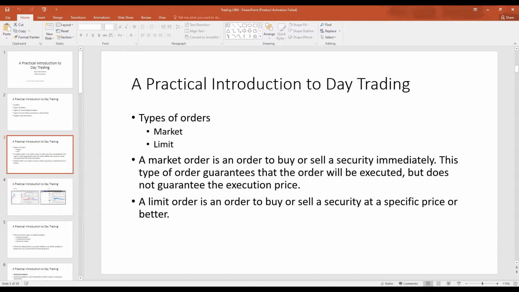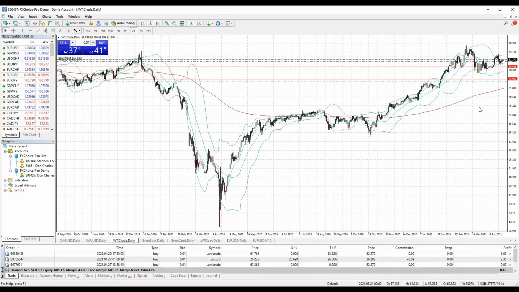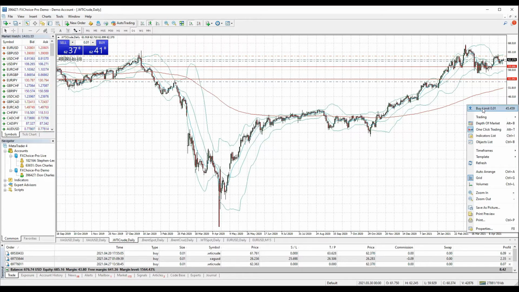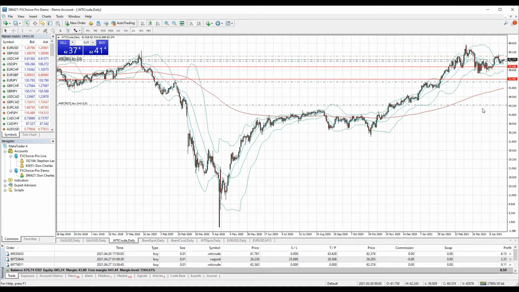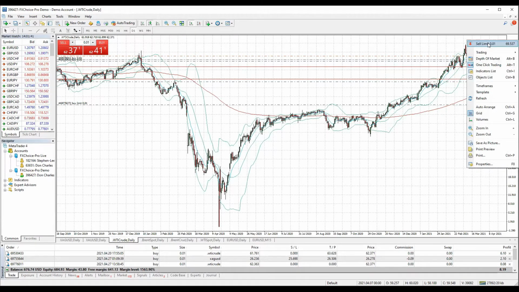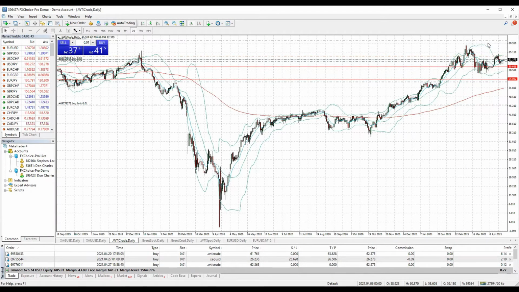Let me show you an example. So to buy at limit, we right click, buy limit. We bought at limit. To sell at limit, we right click, sell at limit. We sold at limit.